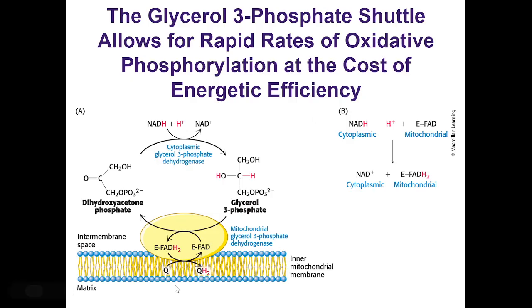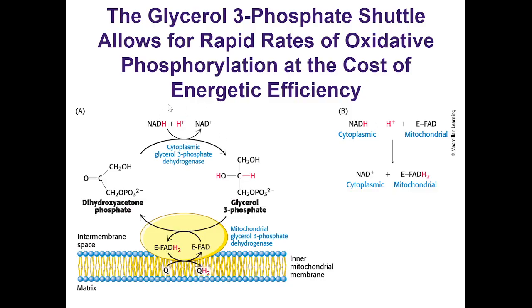Remember, this will be the matrix here. This will be the intermembrane space right here. And again, this is the glycerol 3-phosphate shuttle. So this here is the cytoplasmic glycerol 3-phosphate dehydrogenase out here. We'll have the NADH, or NADH plus H plus, if you will, that is going to enter this shuttle.